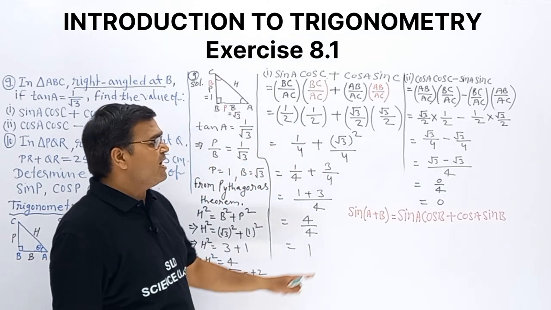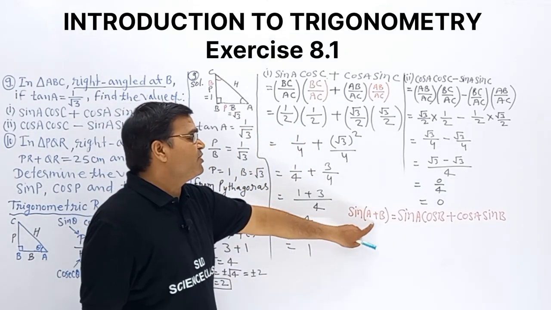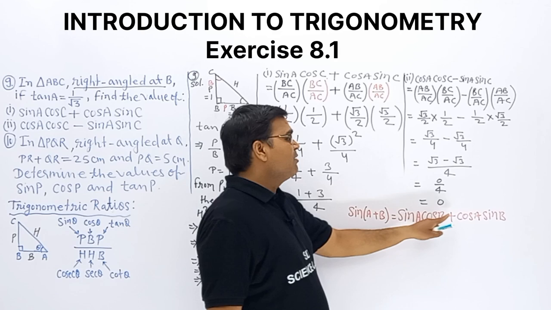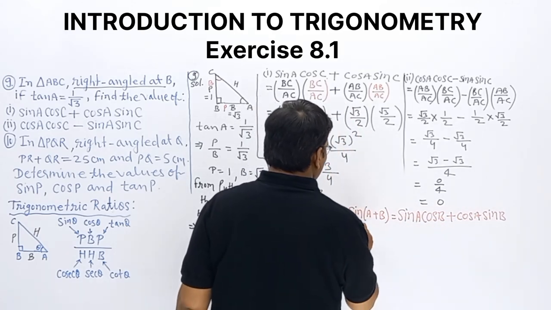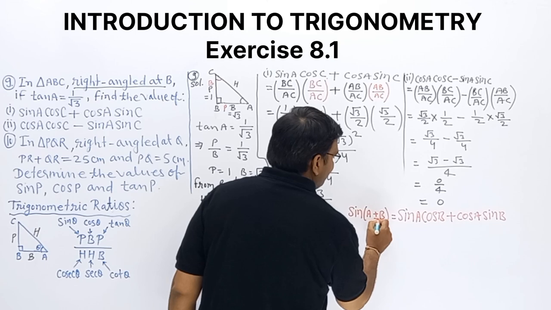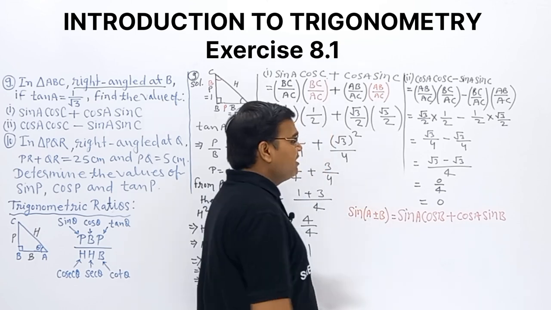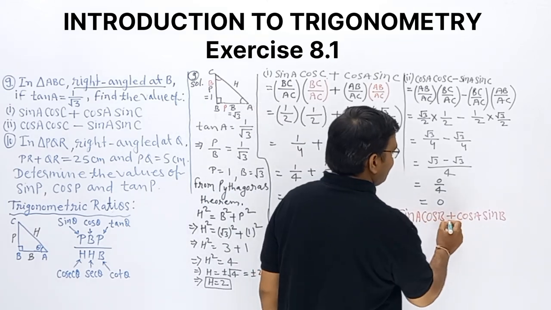In trigonometry we have this standard result. Sin A plus B will be sin A cos B plus cos A sin B. Clear? And if there is a minus sign, if it is A minus B, then we will put minus there. Getting or not?